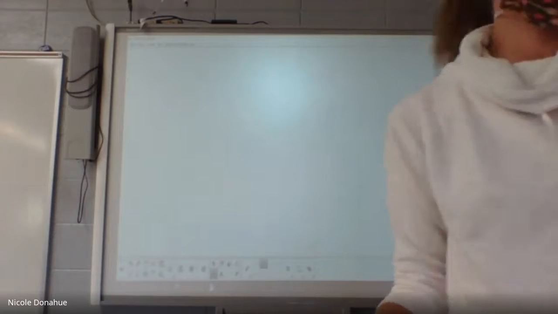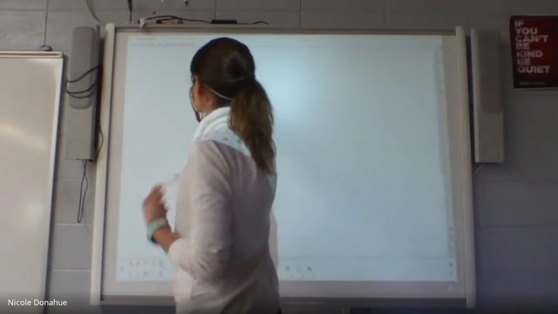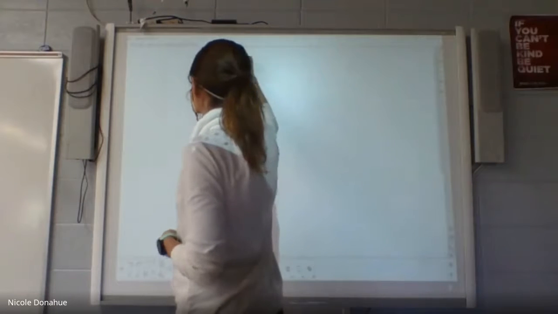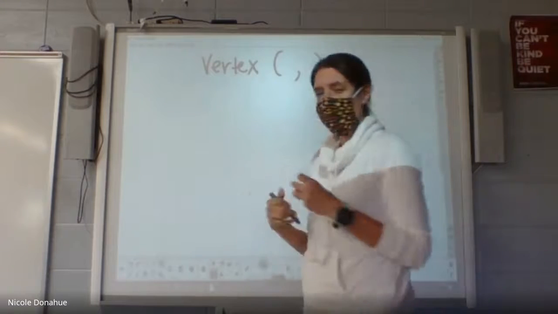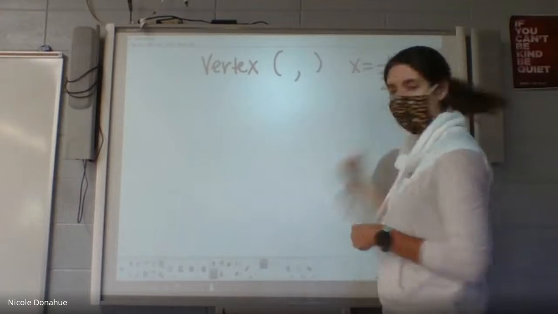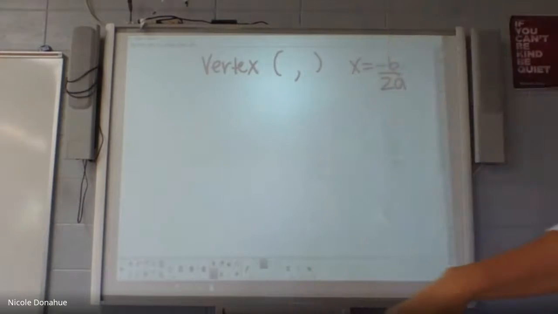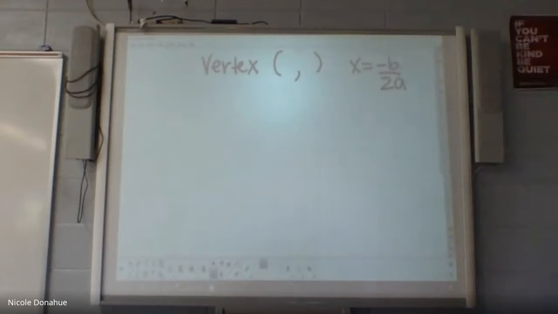So we're gonna work on finding the vertex, because I think that's the toughest part of this. So I want you guys to give me the vertex for the equation. So the x coordinate and the y. So both parts. So you're gonna want the negative b over 2 times a.